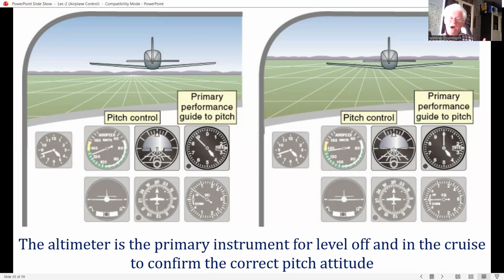If climb power is still set after the airplane has been leveled off at cruise altitude, then the airplane will accelerate, as shown by the increasing airspeed on the ASI. At the desired speed, the power should be reduced to a suitable value.